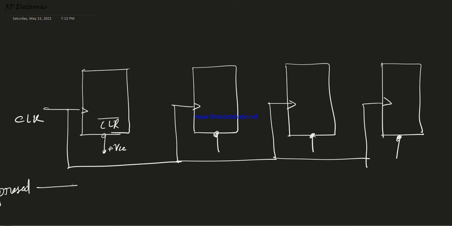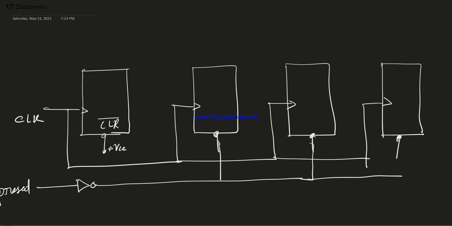To this preset input, one NOT gate is connected, and through this NOT gate this clear bar is connected, this clear bar is connected, and this clear bar is connected. And from this preset, it is directly connected to the set input of this D flip-flop.